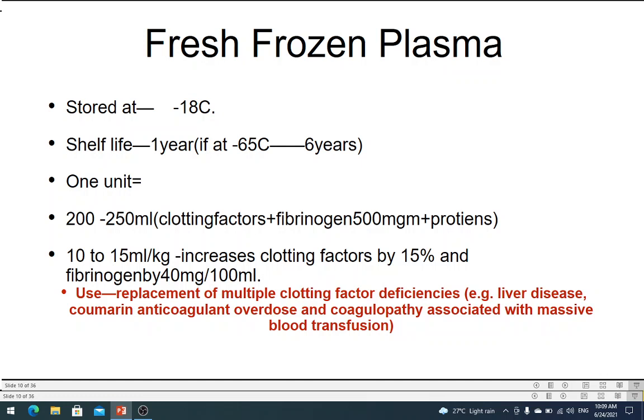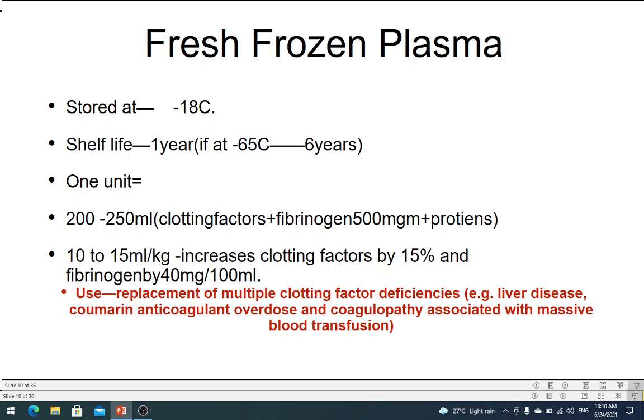Supposing the patient is bleeding, the patient is on an anticoagulant for some reason, say for example he has atrial fibrillation, then he gets involved in a road traffic accident and starts to bleed. The bleeding will not stop because he is on anticoagulants. So you stop the drug, that is fine, but the anticoagulants will keep acting for at least a day more, so you have to stop the bleeding. You can use fresh frozen plasma.